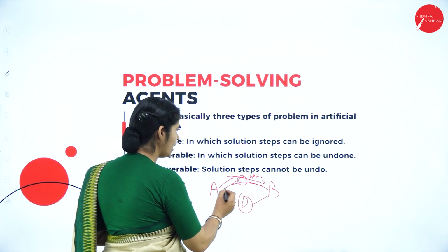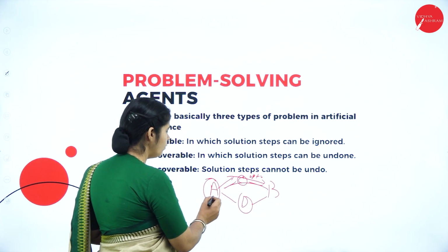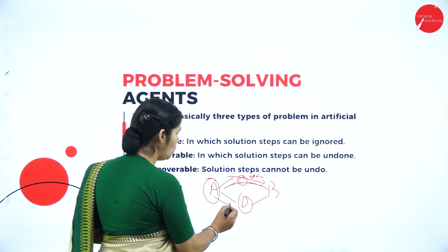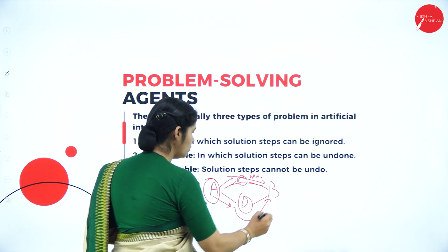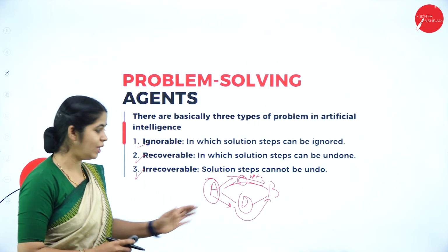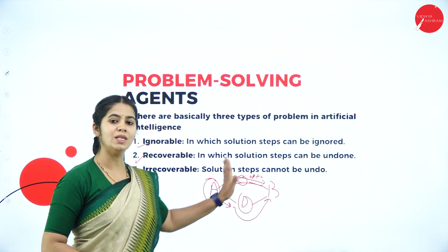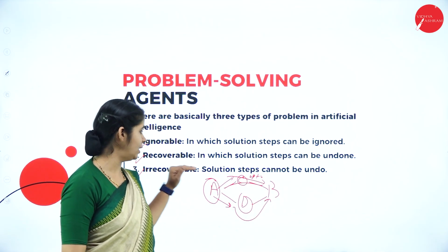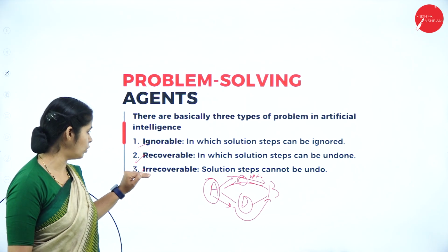So I can reverse back. I can come back to the starting position, go to node D, and reach node B. Either way is possible. We can reverse, we can undo the steps we have described. That is called a reversible solution for the problem.